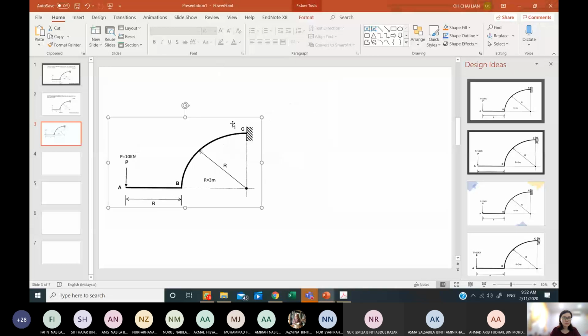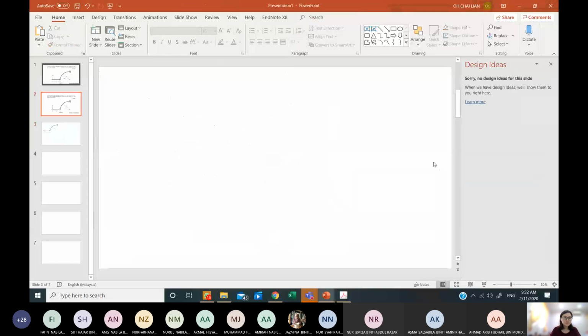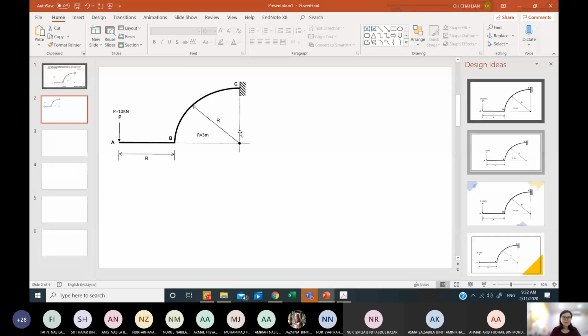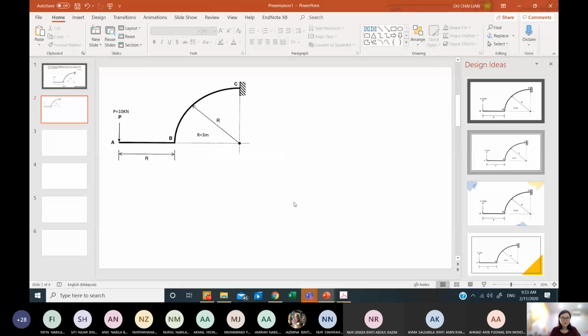Can you try to draw your virtual structure as well? So this is your real structure. What is our question?